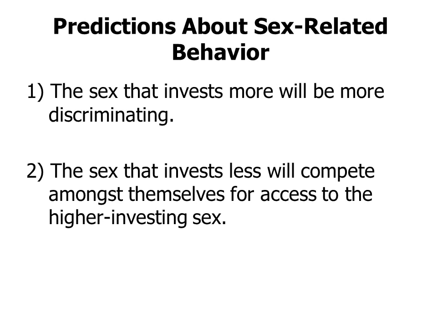The fact that physical differences in males and females lead to differences in reproductive investment gives rise to two predictions about sex-related behavior. The first is that the sex that invests more will be more discriminating. Number two is that the sex that invests less will compete amongst themselves for access to the higher investing sex.